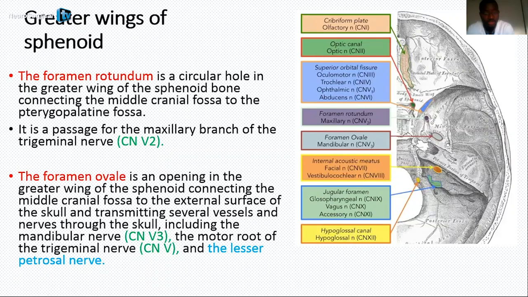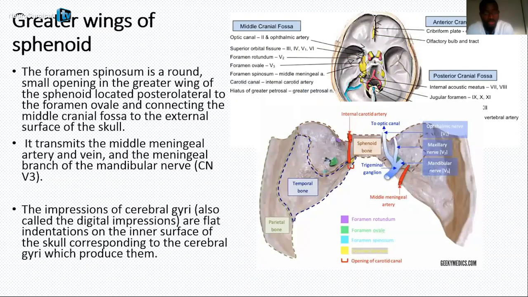And the foramen spinosum. The foramen spinosum is a round, small opening in the greater wings of the sphenoid.